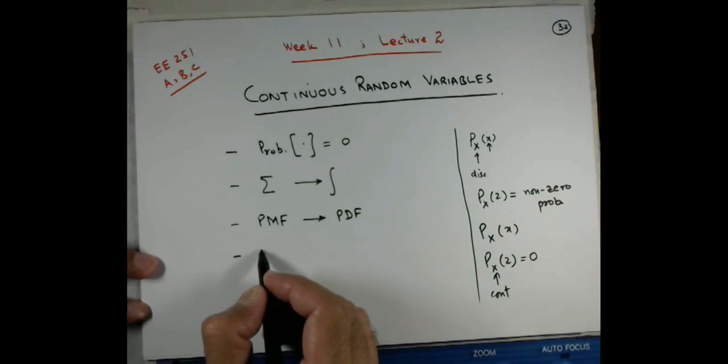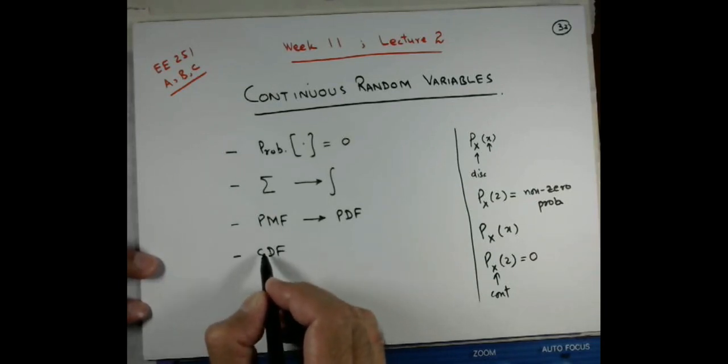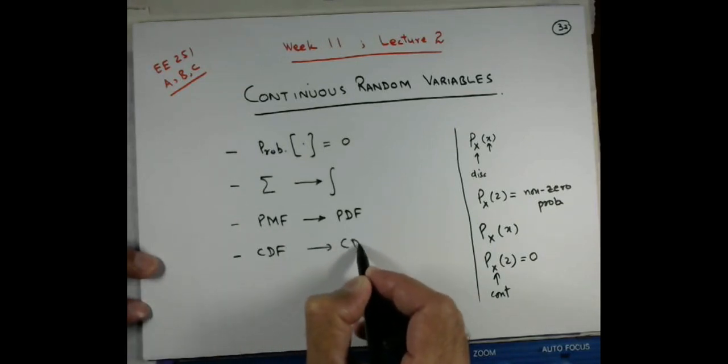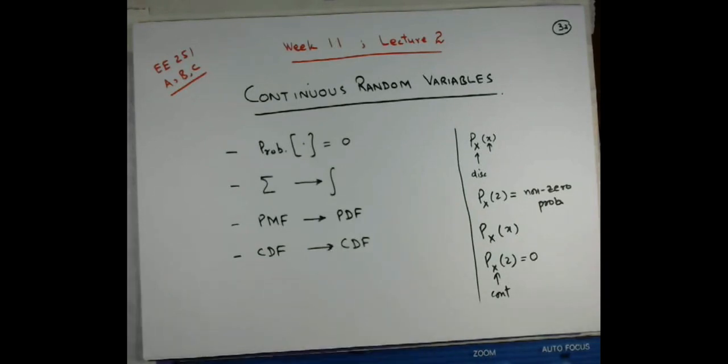And the last one is the CDF. The terminology of CDF for discrete random variables will stay the same, except that now the plot of CDF will be a continuous plot and not a staircase plot.